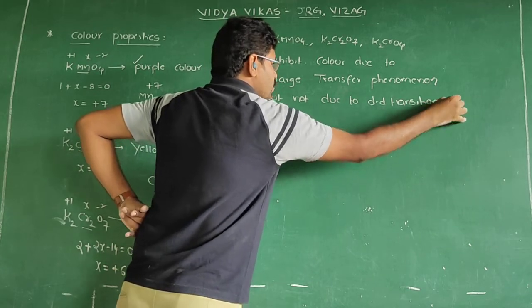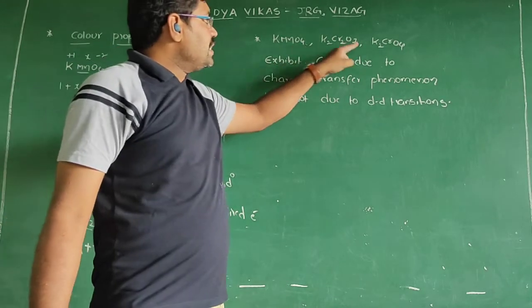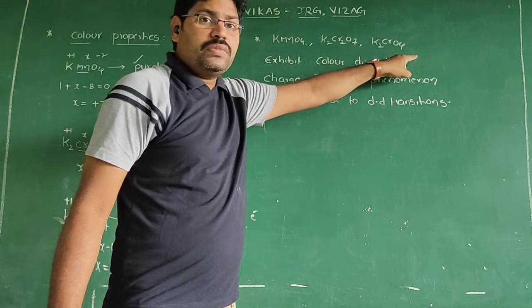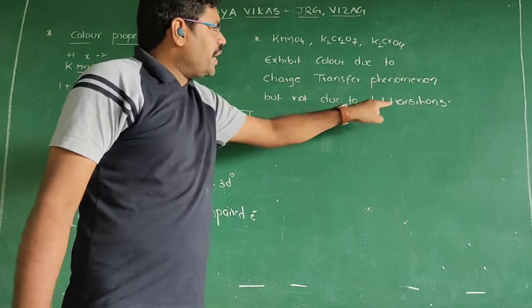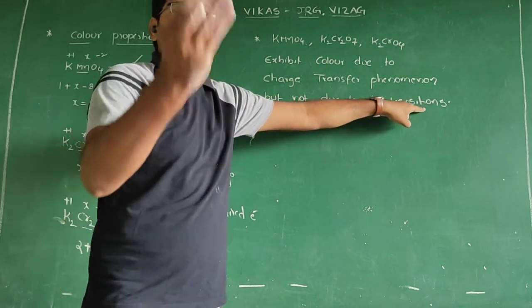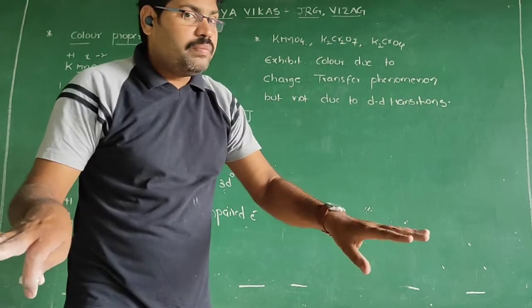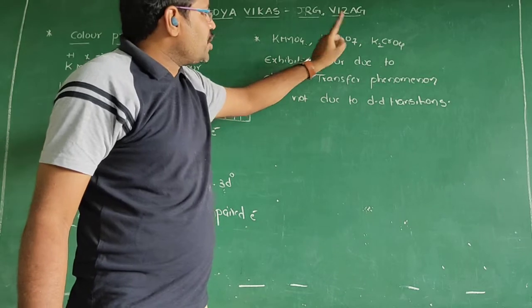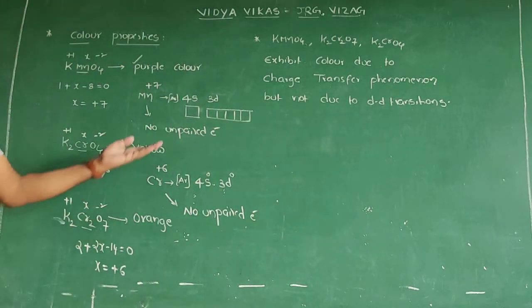Reason assertion question, once it was asked in the NEET exam. Assertion: KMnO4 exists in purple color. Reason is that it is due to dd transition. So what's your answer, students? Assertion is right, but the reason is wrong because these compounds never show dd transitions. Why, sir? Because these compounds have no unpaired electron.